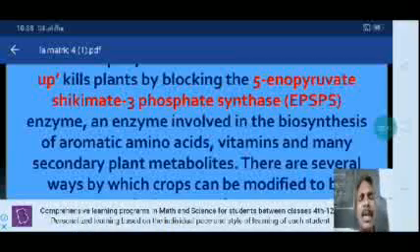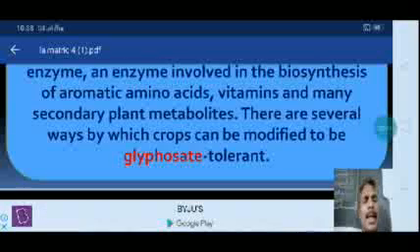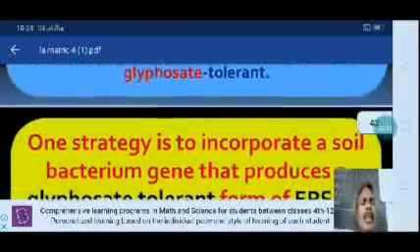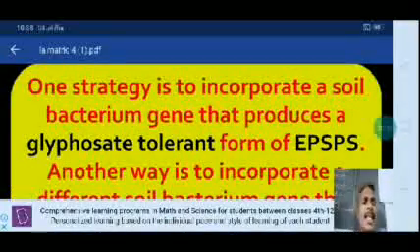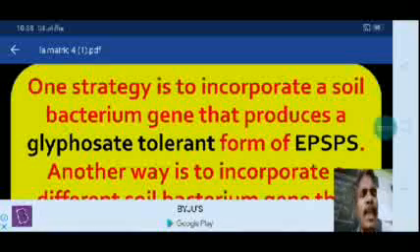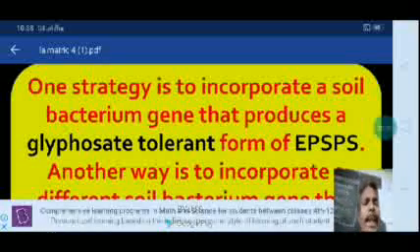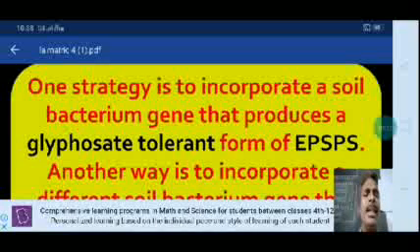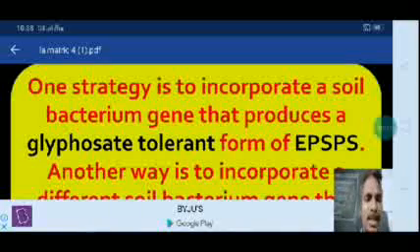There are several ways by which crops can be modified to be glyphosate tolerant. One strategy is to incorporate a gene from a soil bacterium that produces a glyphosate tolerant form of EPSPS.